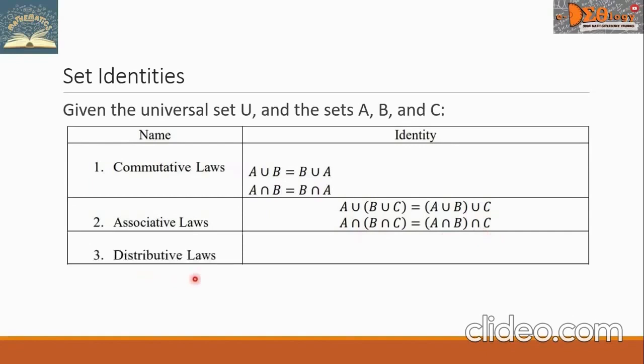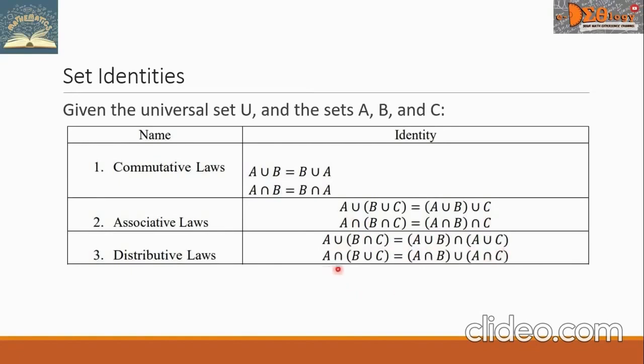Third is distributive law. Number 1, A union (B intersect C) equals (A union B) intersect (A union C).